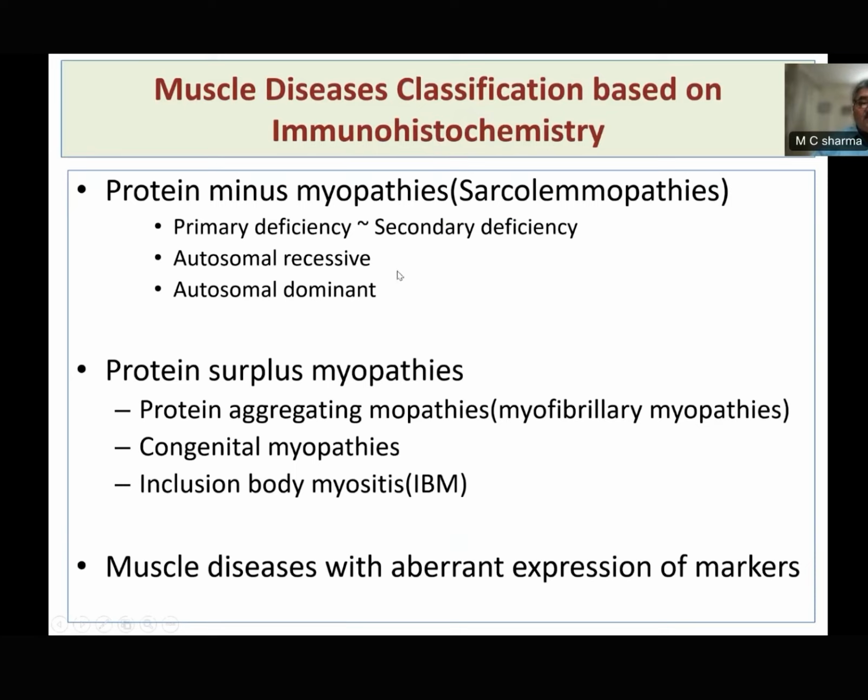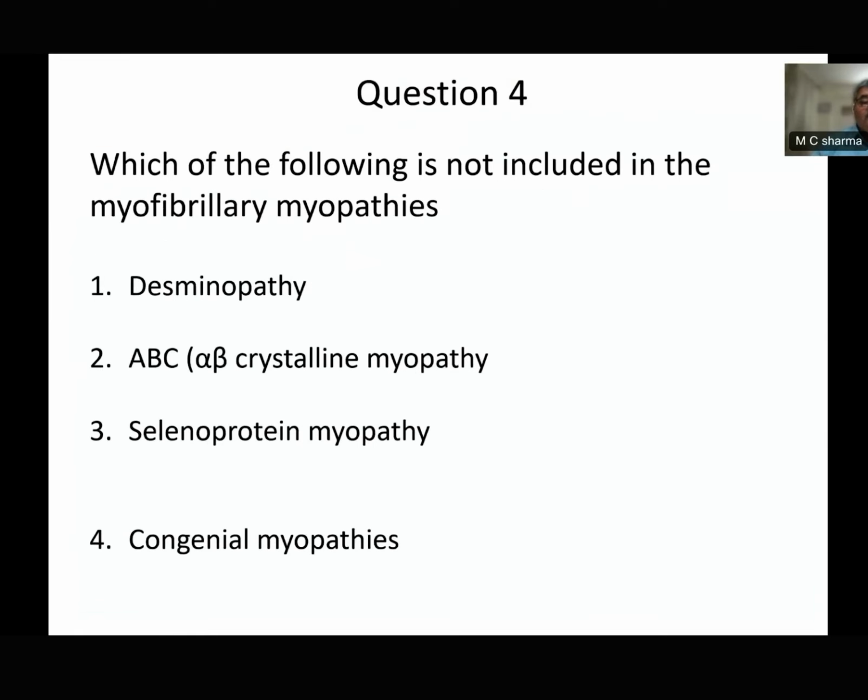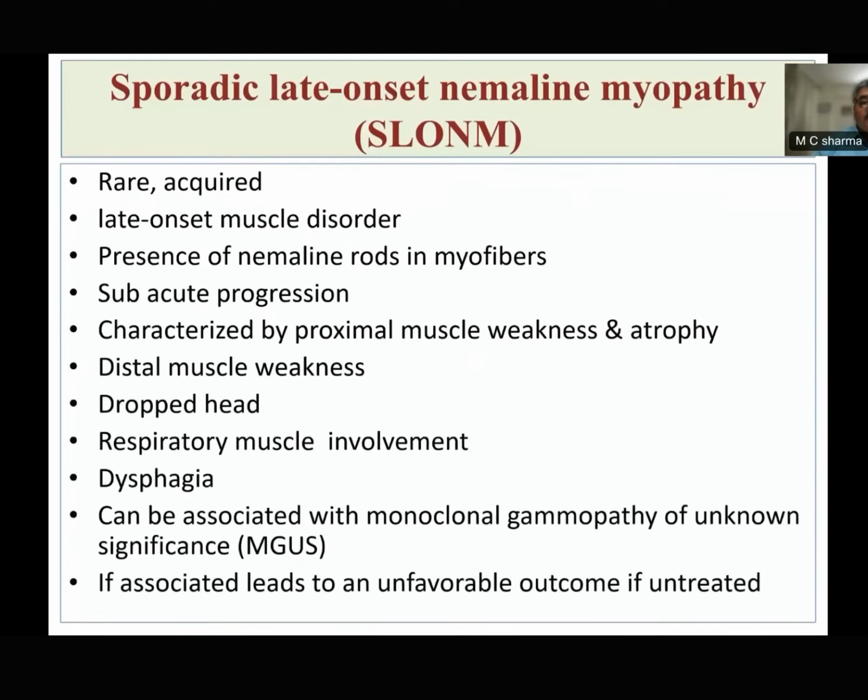The other is protein surplus myopathy, where there is aggregation of these proteins. Some of these may be non-specific sometimes. There are muscle diseases where there's aberrant expression of markers. For example, MHC class 1 and 2, which is normally absent in the muscles but is upregulated in the inflammatory myopathies. So this is one problem in the classification.